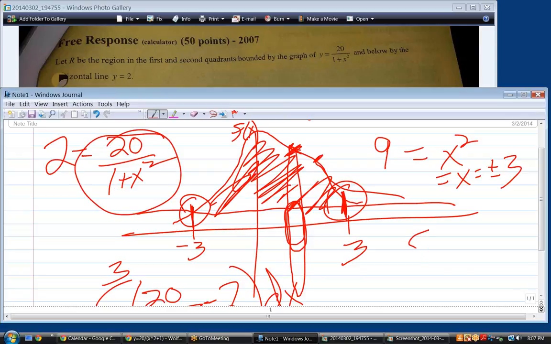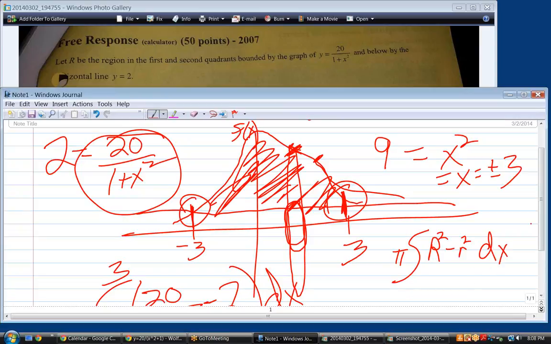Well, f of x is this function. So I'm going to take the integral, and I want pi R squared minus pi r squared, which is pi times R squared minus little r squared dx.